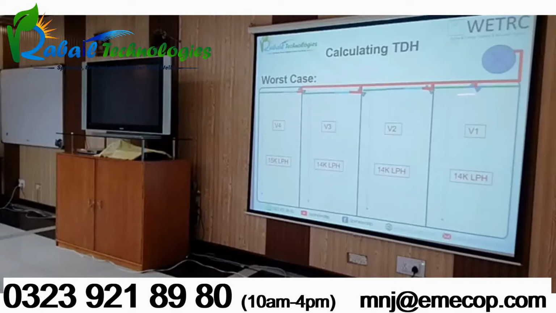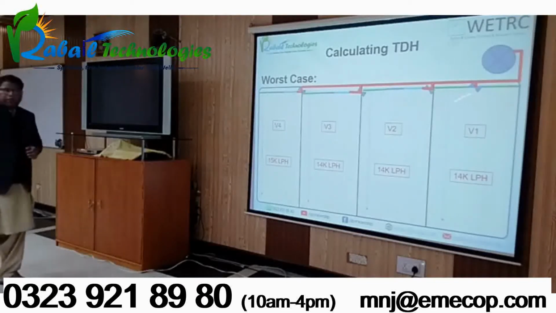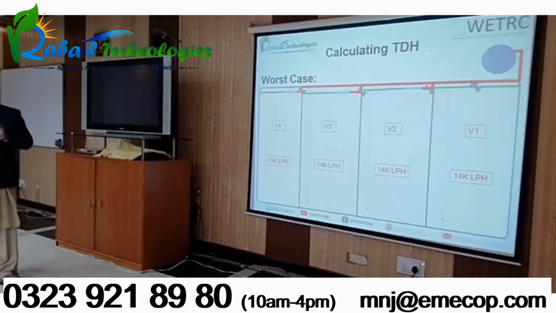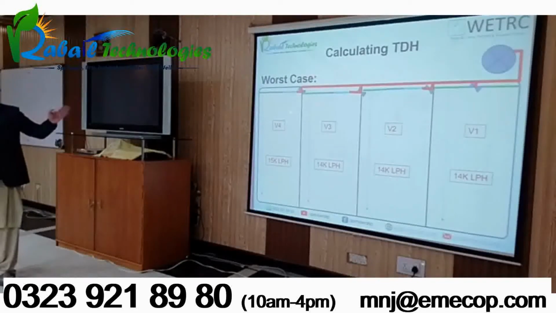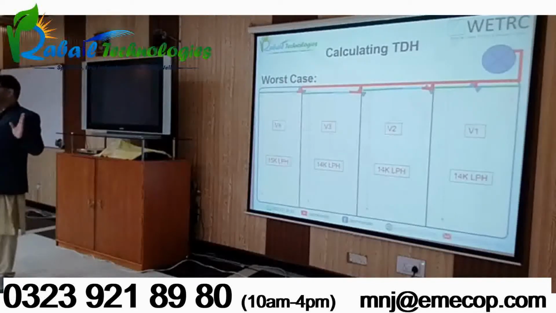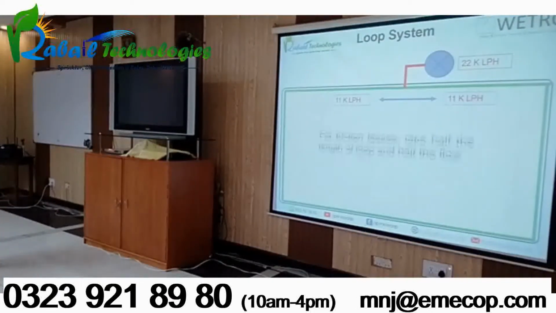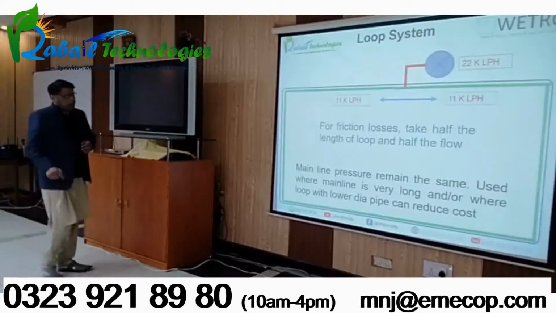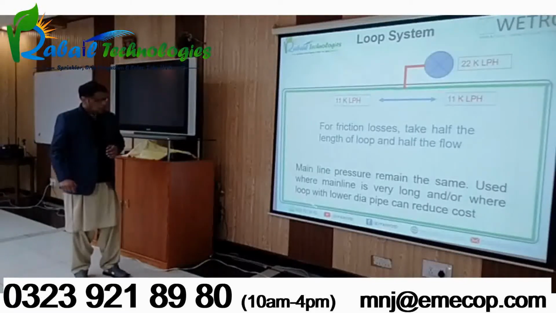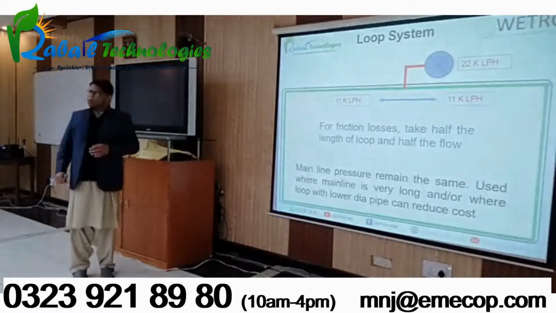So in that case, we may have VFDs or pressure relief valves to account for the highest to the lowest pressure ranges. But in looping, the main advantage is that the pressure in the entire network will almost remain the same.